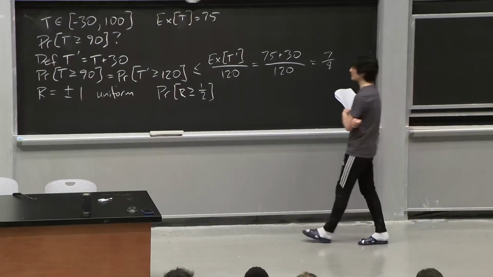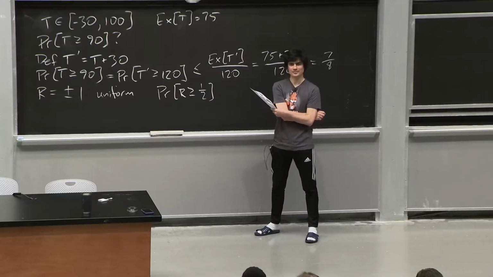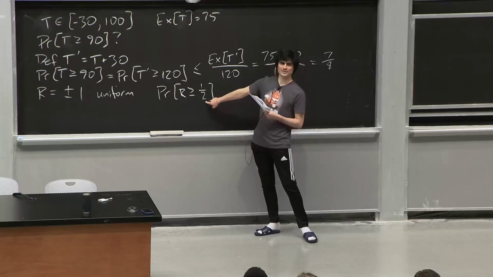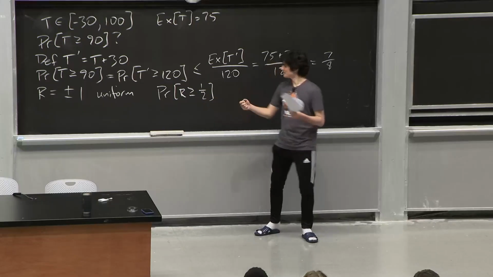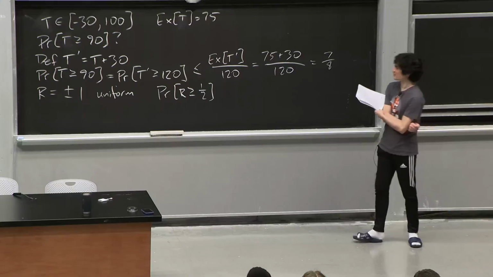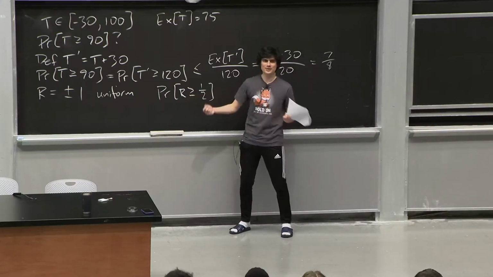Well, the expectation of R is 0. So no matter what we put here, Markov would tell us that the probability is at most 0. That is clearly rubbish, because R can be greater than 1/2. R takes value 1 with probability 1/2.